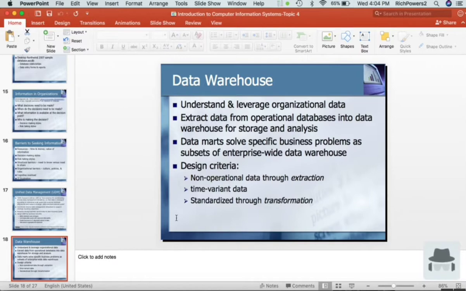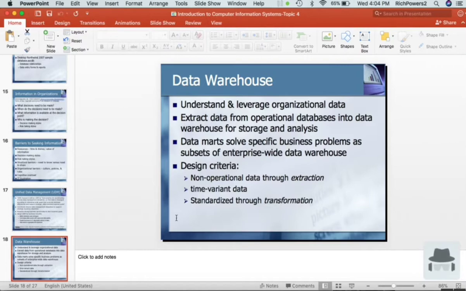So you will take data from an existing application system, an ERP system, through an extraction. So you take your non-operational data through extraction. You then will translate that into what we call a cube. A relational database is a bunch of tables.